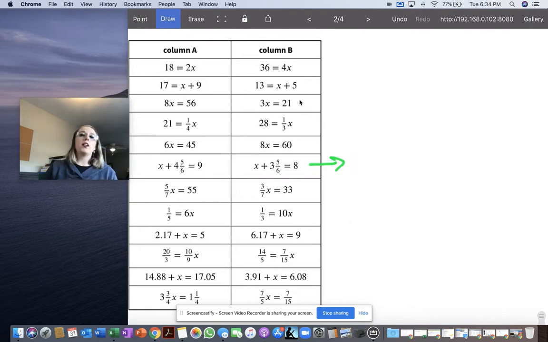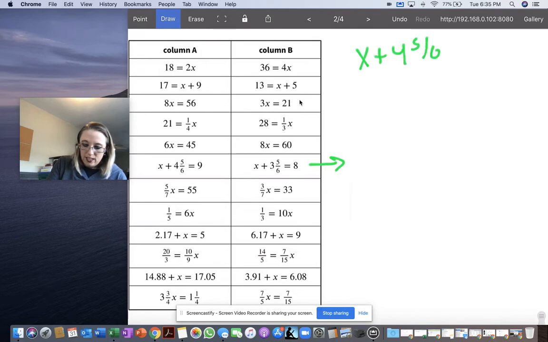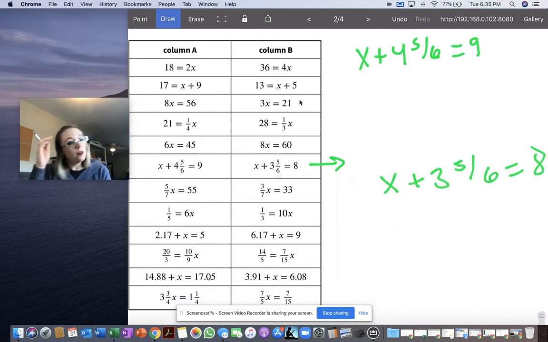So all of the equations that we're going to be doing are one-step equations right now. All you're going to be doing is getting one term to the other side by multiplication, division, subtraction, or addition. So our first one, x plus 4 and 5/6 equals 9. x plus 3 and 5/6 equals 8. So now, here we are again. We are held by addition, so we need to subtract this whole term to the other side.